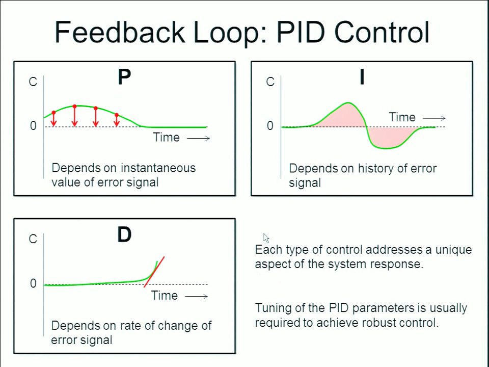In other words, as an operator of the tool, you can manually adjust, type in new numbers, for the proportional, integral, and derivative components of the feedback loop. And that's probably one of the main differences between a novice user and someone who's been operating an AFM for several years in research, etc.